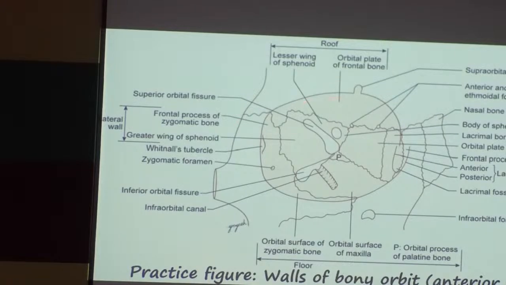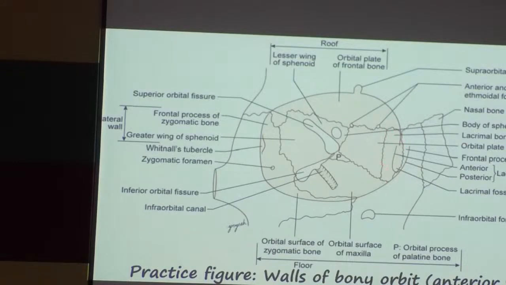Okay, the margin is formed by, see, up to here it is frontal bone. Here is nasal bone. This is the frontal process of maxilla. This small part is the lacrimal bone, and here is the lacrimal fossa. And these lines are the anterior and posterior lacrimal crests. The anterior lacrimal crest is lying over the frontal process of maxilla. The posterior lacrimal crest is lying over the lacrimal bone.